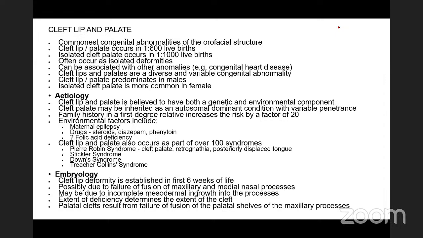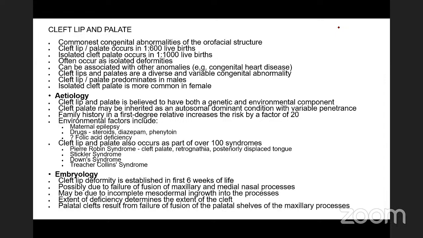Isolated cleft palate occur in 1 in 1,000 live births, often occurs as isolated deformities. It can be associated with other anomalies. Now, if you have one congenital abnormality, make sure you look for other congenital abnormality. Now, cleft lip and palate is associated with congenital heart diseases.